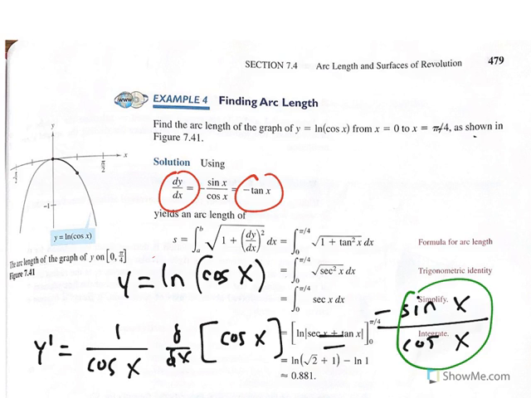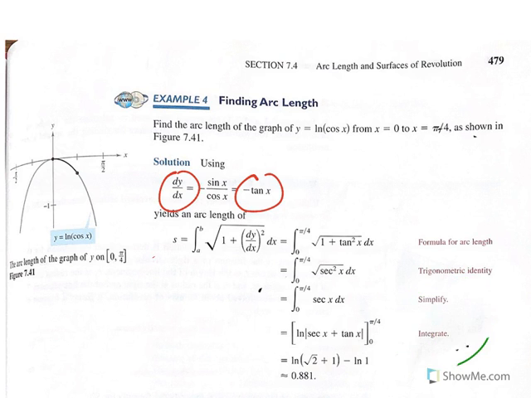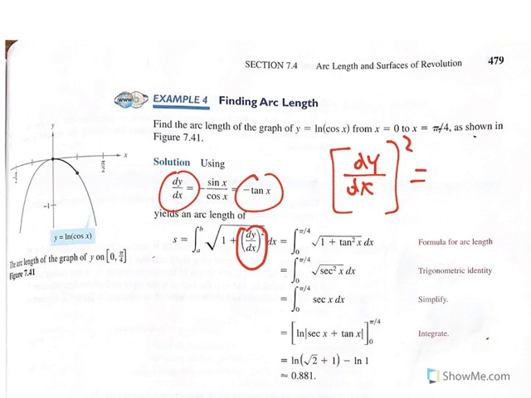And for the integration rule to find arc length, you need to take the derivative of the function and square it. So when you square it, you're going to get the square of negative tangent x, which is tangent squared x.